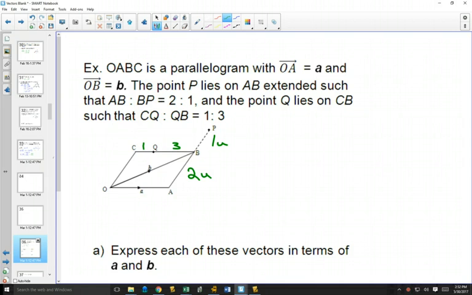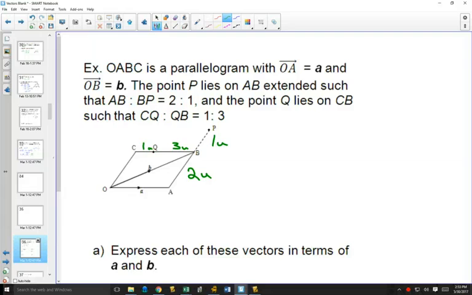Some people might think you've only gone 1/3 of the way, but you've gone 1/4 of the way, right? Because this whole length is 4 if this is 1 unit and that's 3 units. Of course, this isn't to scale, or this doesn't mean that this length is 2 and that length is 3. It's just a proportion. So these might be different units. Okay, so now we've got that sort of idea of what lengths are what.